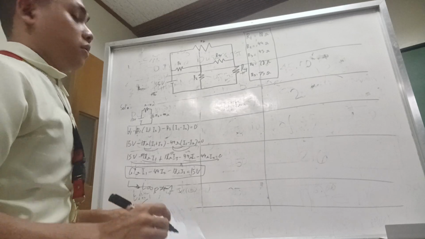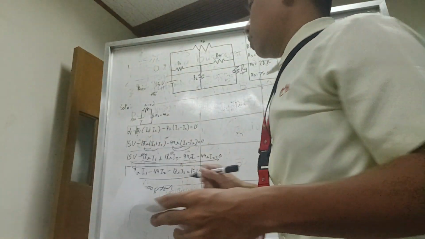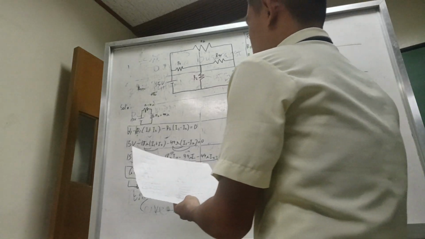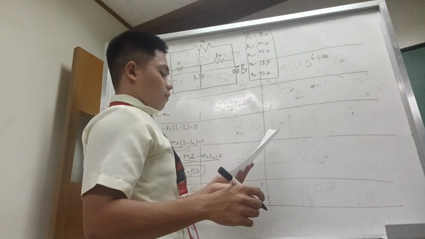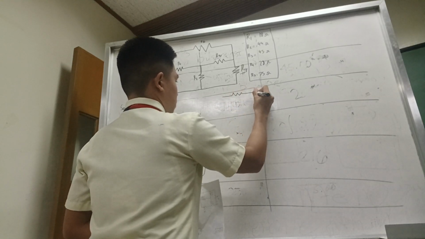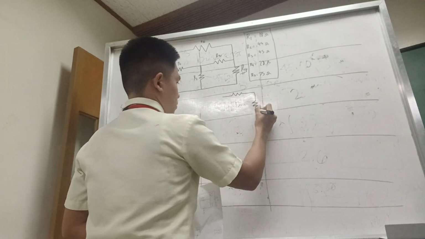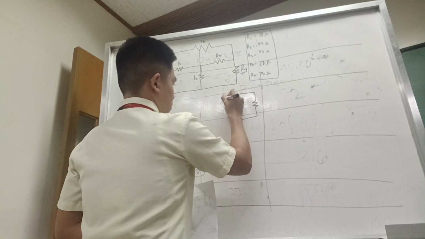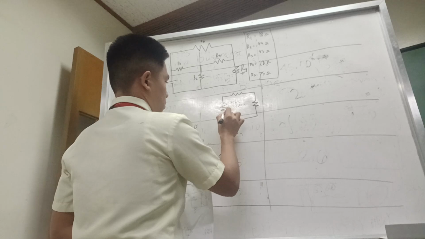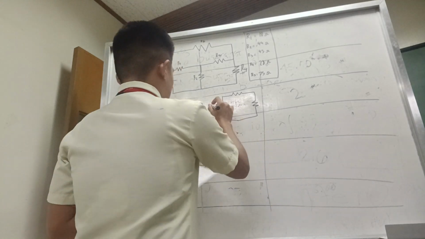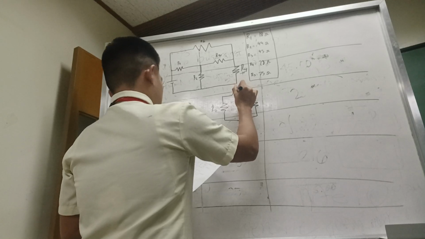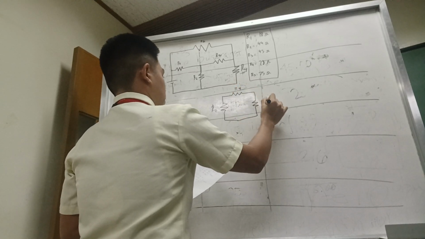This is loop 1. So the second one, we need to solve for loop 2. And this is the diagram for loop 2. R2, R3, R4.